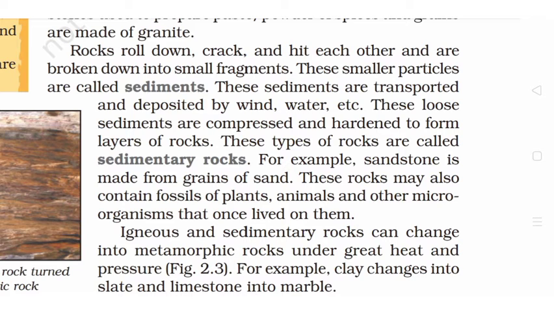When small particles are transported, compressed and hardened to form layers of rocks, sedimentary rocks are formed. For example, sandstone is made from grains of sand. Now, these rocks may also contain fossils of plants.